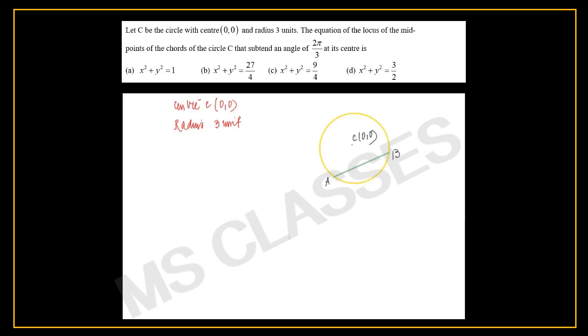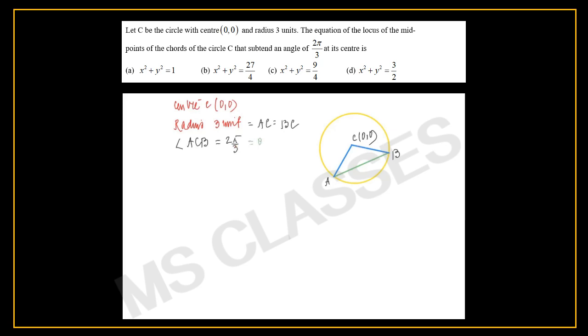Radius is given, which is 3 unit. That is here we can see radius is AC equal to BC, 3 unit. And the angle ACB equal to 2 pi by 3. Now that is the total angle ACB, or we can say according to the shortcut it is theta.